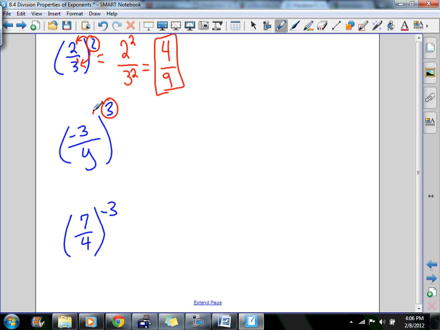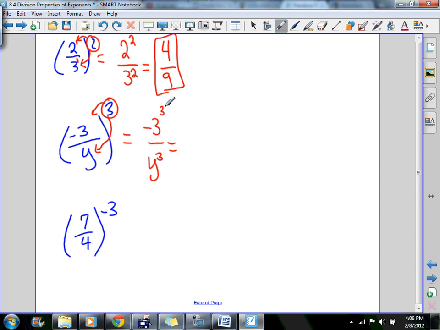Here, we distribute this 3 into both terms. So we get negative 3 cubed over y cubed. And something you should have figured out by now, a negative number raised to an odd power is going to stay negative. A negative number raised to an even power will become positive.